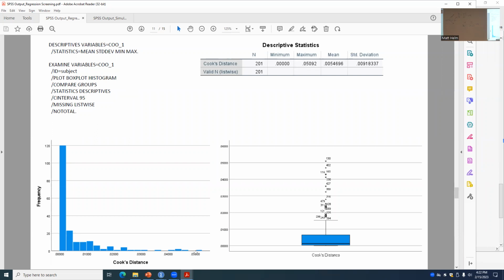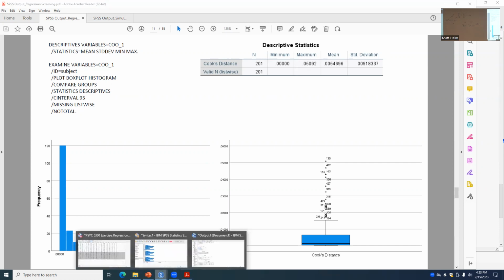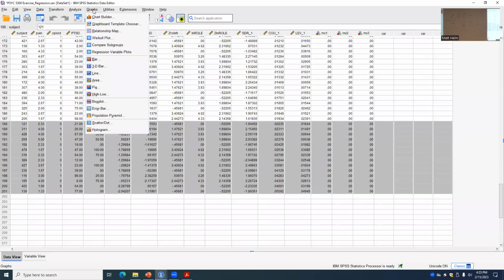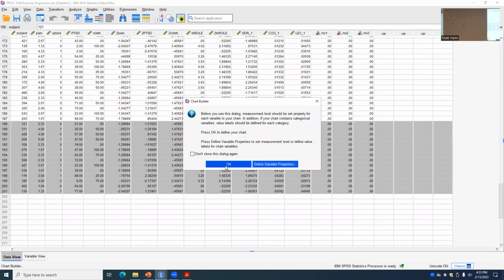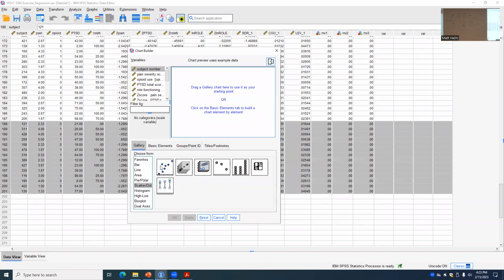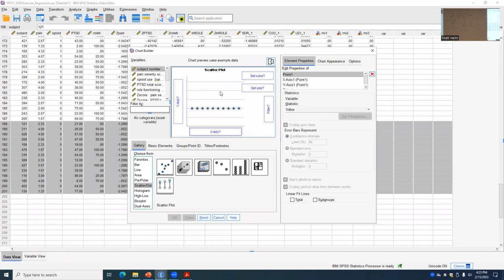So last thing we want to do is go through and play around with one of those combination plots to see if there's anything looking strange if we start to combine some of these things. So I'm going to go to graphs, chart builder. Reset, ask for scatter, okay? And what I'm going to put on the bottom, my centered leverages on my x-axis.